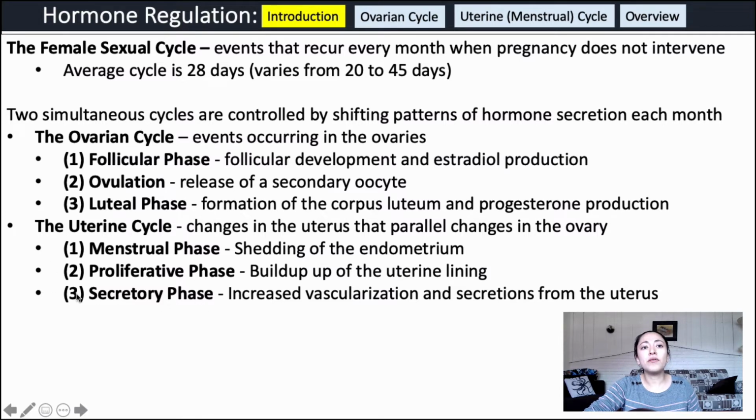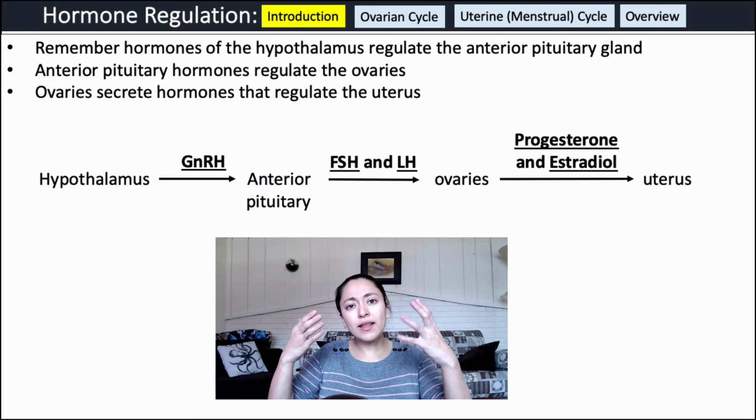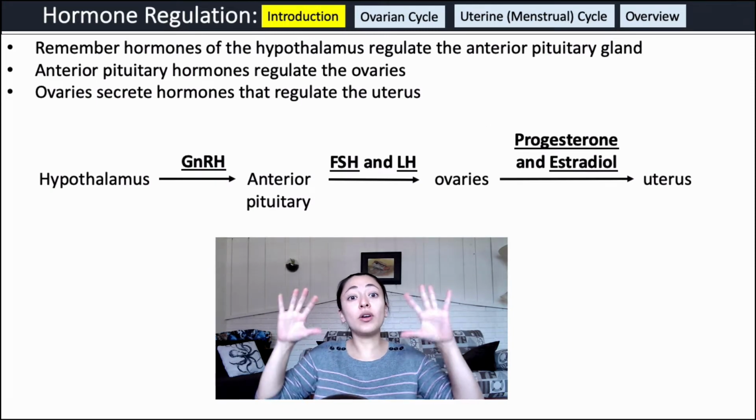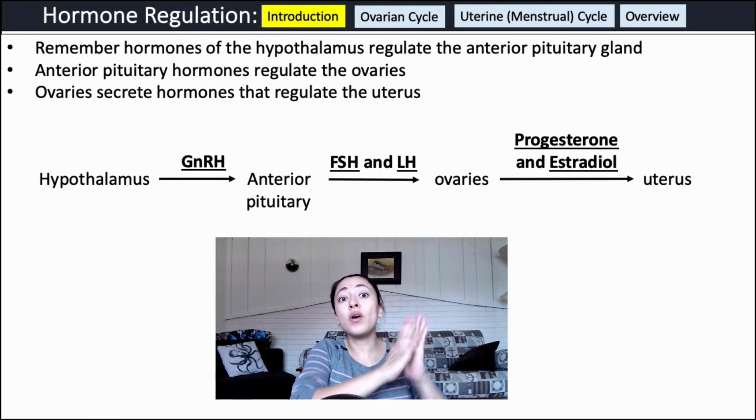The secretory phase is happening pretty much simultaneously with the luteal phase, and that's because this progesterone that the corpus luteum is pumping out is increasing the vascularization and secretions in the uterus. So as you can see, the hormones produced by the ovaries are having a significant effect on what's happening in the uterus.